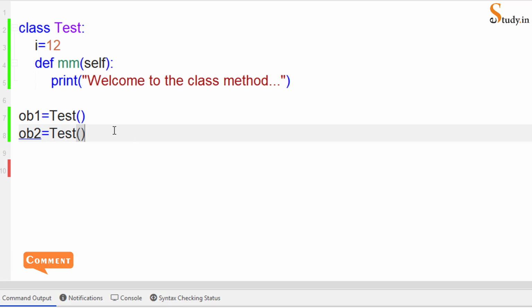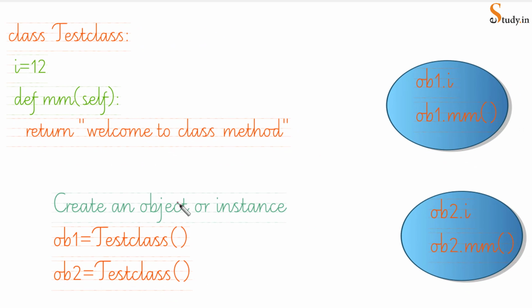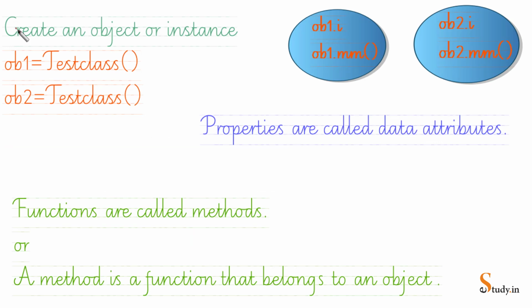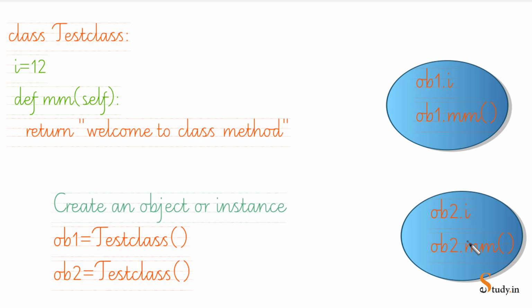Now that we've created an instance of the class, we need to have access to the properties and to the functions of the class. How do we do that? Once we have created an object or an instance, we will understand how to access the properties or the functions of the class.